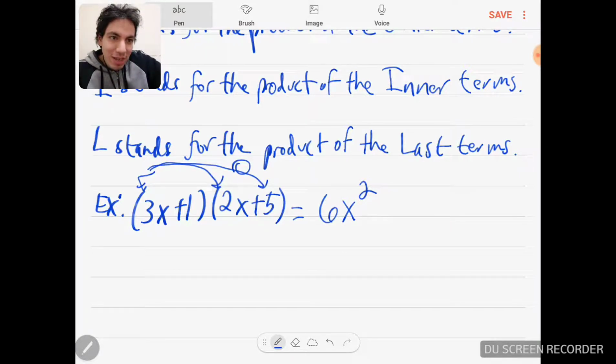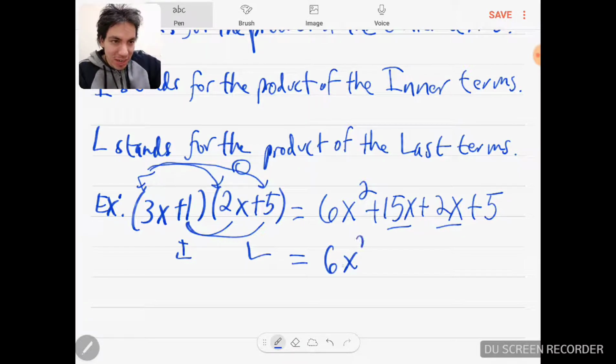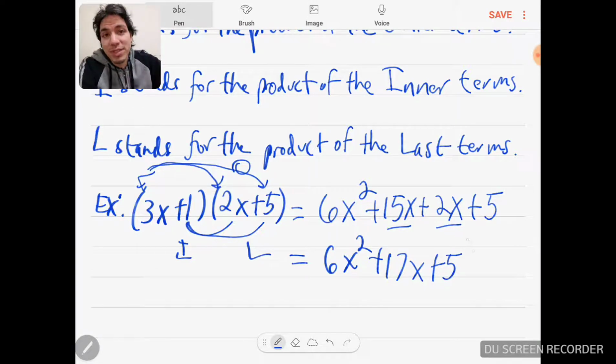So 3x times 5 would be 15x, and then the inner term I, so 1 times 2x would be plus 2x, and finally the last term, which would be 1 times 5, would be 5. See? FOIL. Okay, so then you combine like terms. So the middle term, you'll be combining 15x plus 2x, which is going to be 17x. And you'll be left with 6x squared plus 17x plus 5 as your final answer.